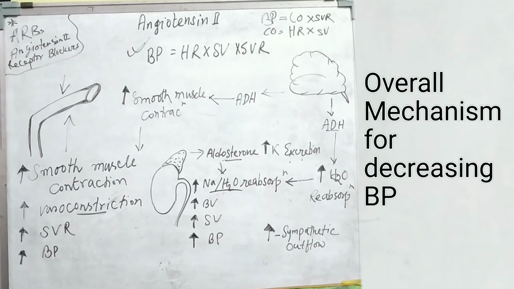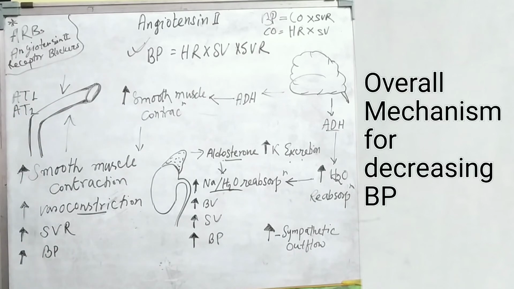First, vasoconstriction. Angiotensin 2 is a potent vasoconstrictor. Angiotensin 2 receptors are located on the smooth muscle cells of the blood vessels. There are two types of angiotensin 2 receptors: type 1, AT1, and type 2, that is AT2.